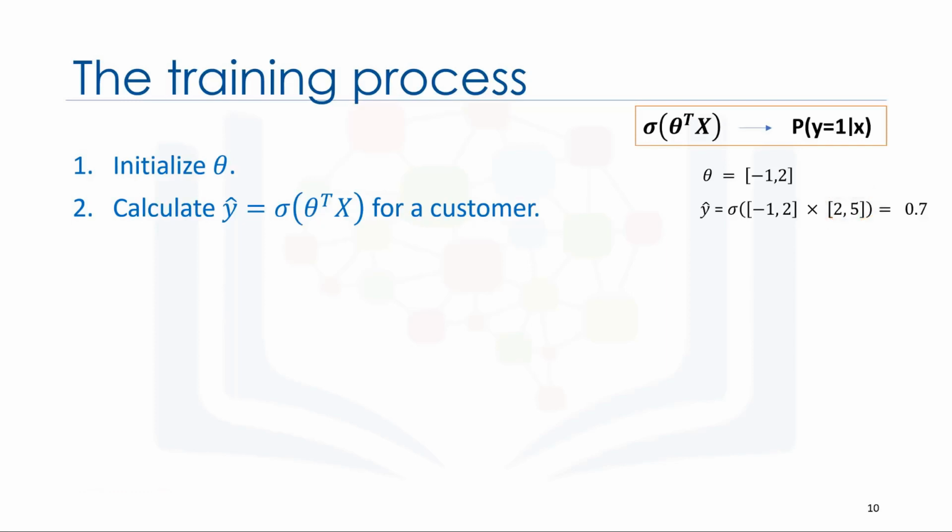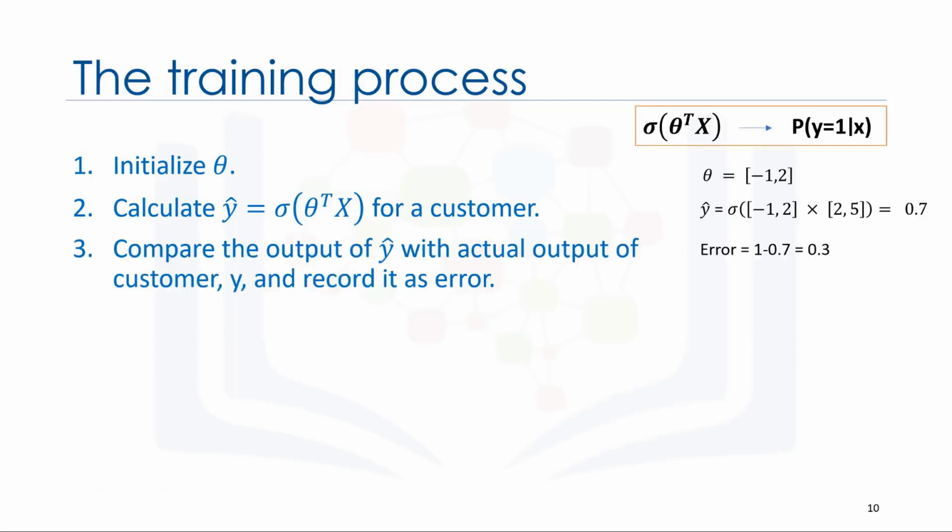And theta is the confidence or weight that you've set in the previous step. The output of this equation is the prediction value, in other words, the probability that the customer belongs to class 1.